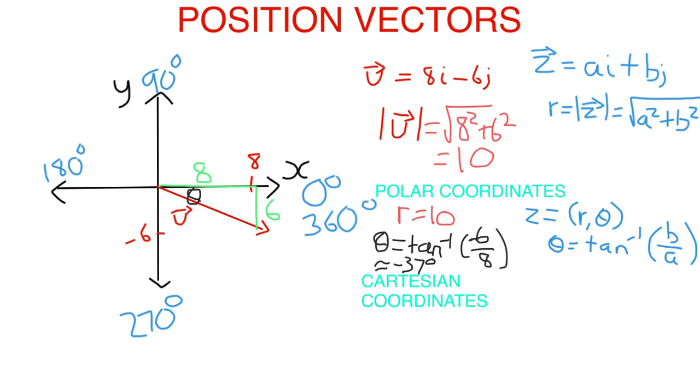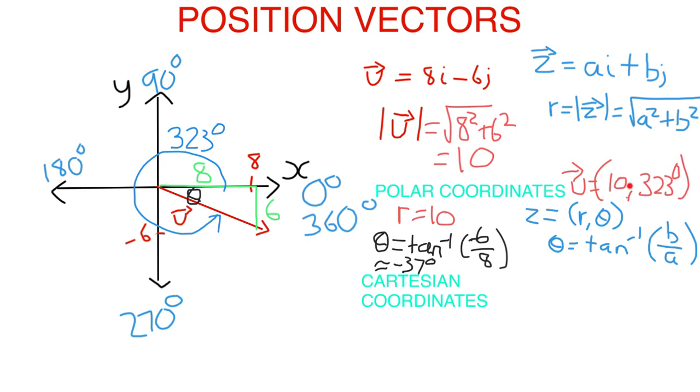So instead of using this angle here, we're always going to use the angle made with the positive x-axis in an anti-clockwise direction. That angle there is going to be 360 minus 37, about 323 degrees. So the way I represent u in polar coordinates: the first number is its magnitude, and the second number is the angle made with the positive x-axis going in an anti-clockwise direction.